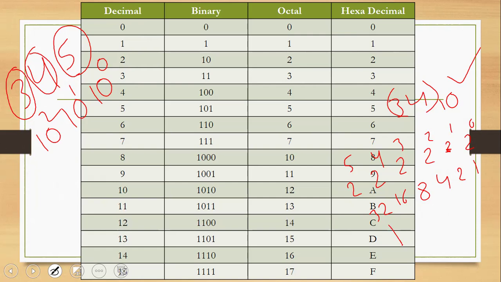That is 32. After 32, what is the remaining? If you subtract 34 minus 32, the balance is 2. So here 2 is there, and we can fill the remaining positions with zeros. So finally, 34 in the decimal number system is equivalent to 100010 in the binary number system.